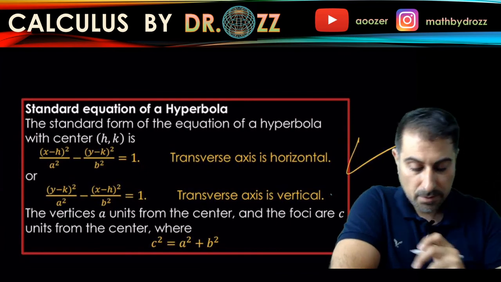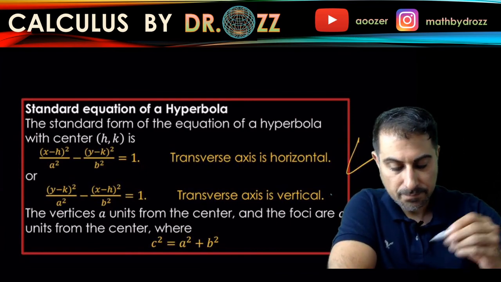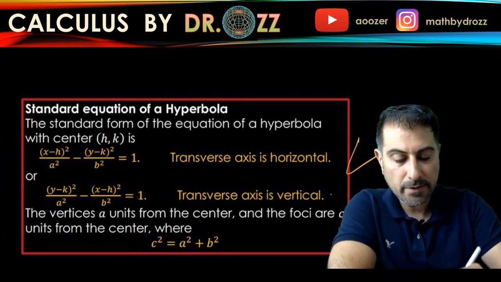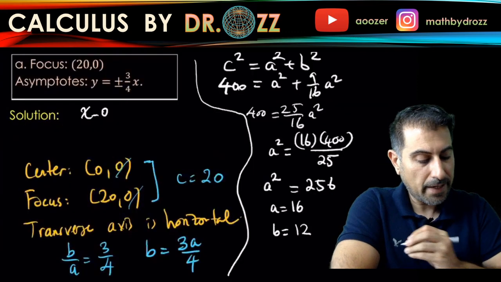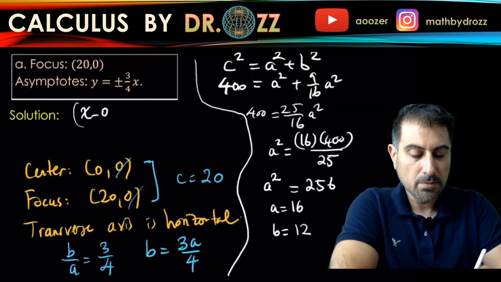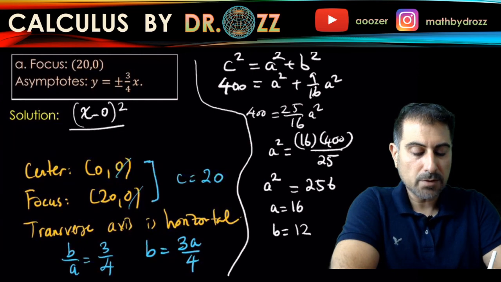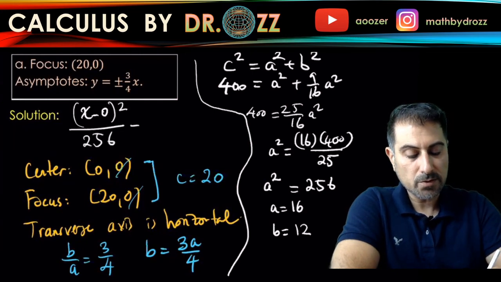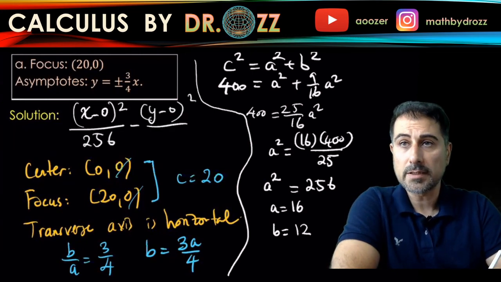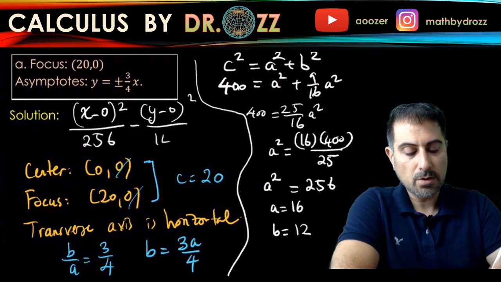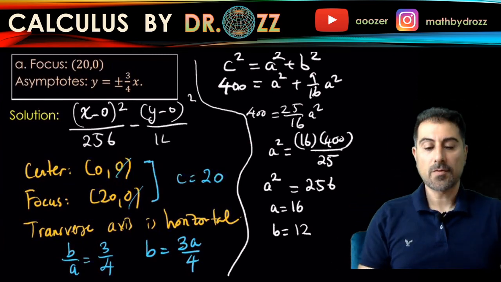So here we go: x minus 0 quantity squared divided by a squared, 256, minus y minus 0 squared over b squared, which is 12 squared, that's 144, equals 1.